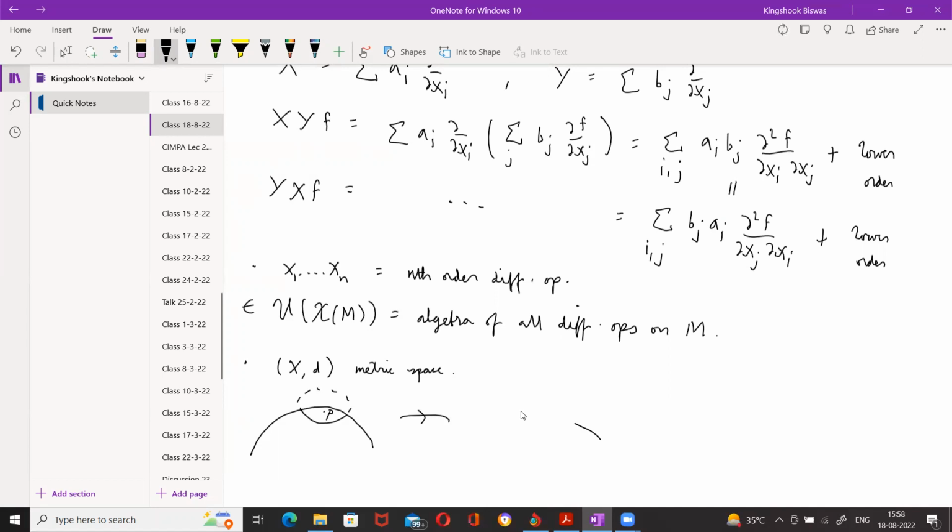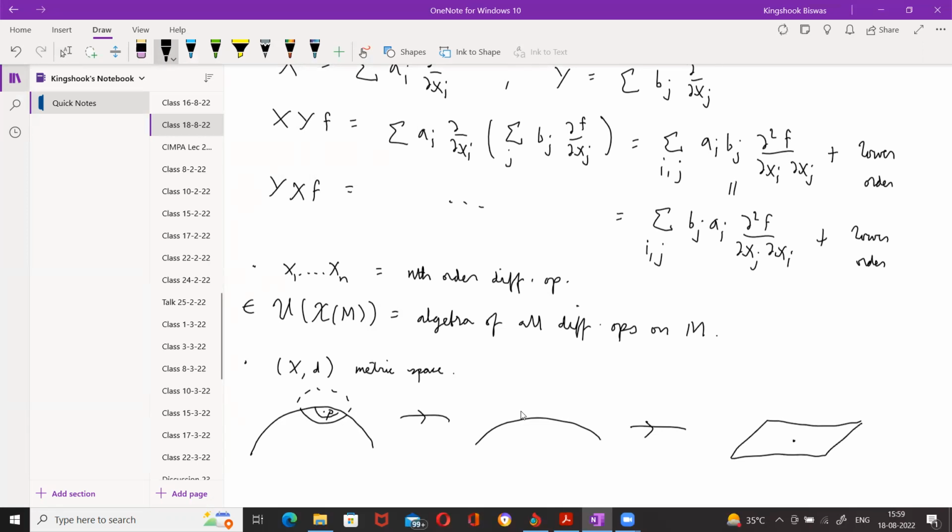As I keep blowing up smaller and smaller neighborhoods of P to, let's say, unit diameter, in the limit I'll get something flat, right?